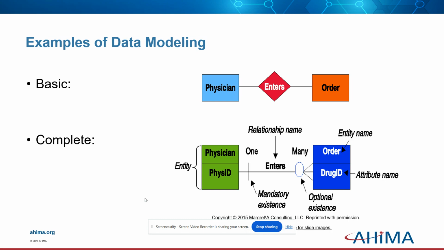We have drug ID that is attached to the order, because in this case, we're talking about a prescription. And so from a relationship standpoint, a physician may enter many orders. So one physician, any one physician, may enter many orders at one point. And so there you see the one-to-many relationship.